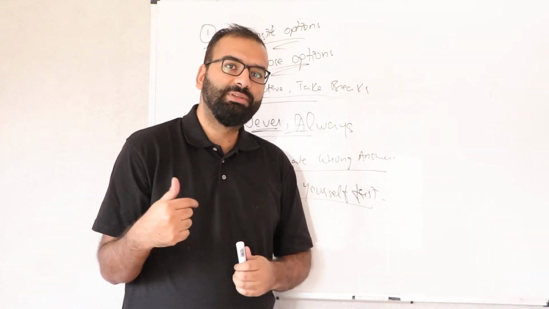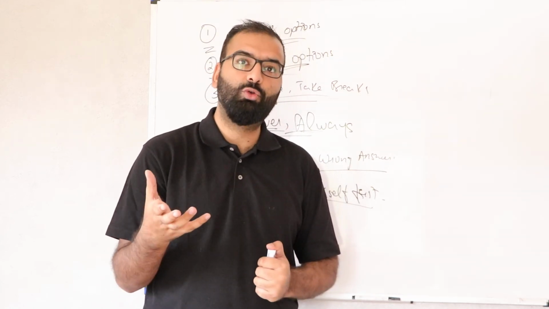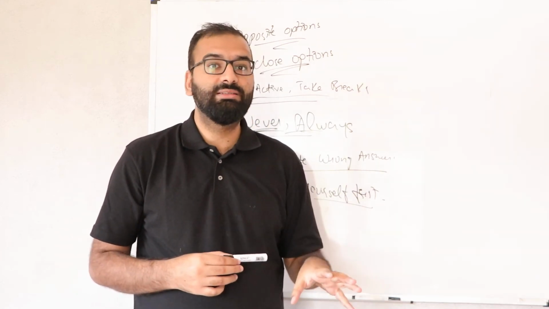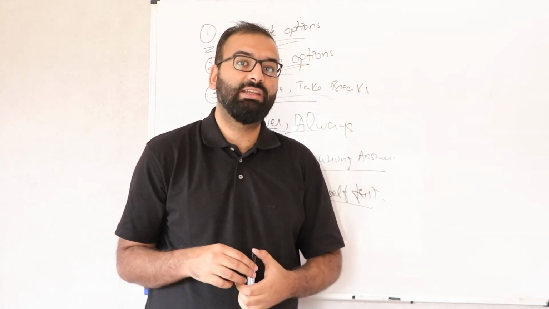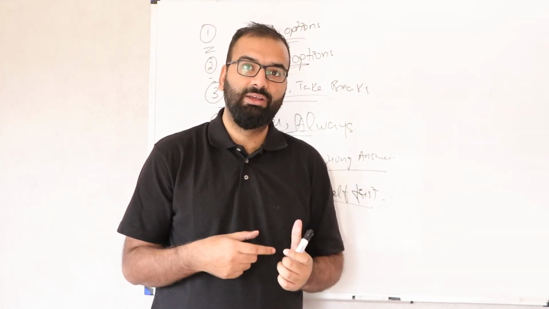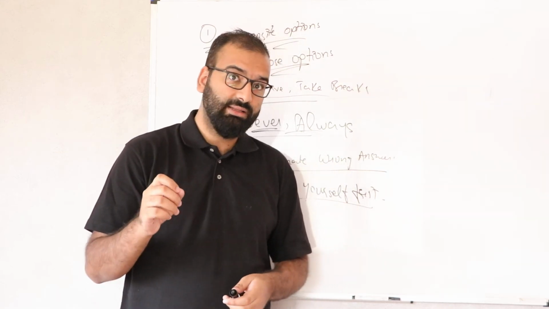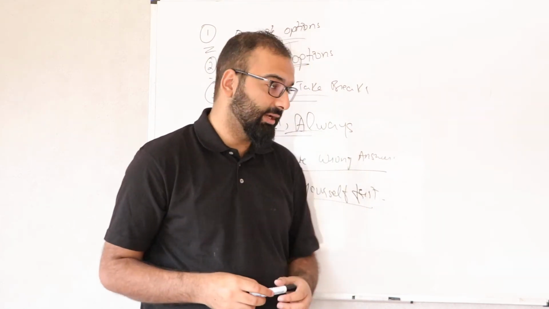Before looking at the options, you should try to answer it in your own mind that what should be the answer. Then try to look for that answer in the options. Because if you will glance at the options, then you will start getting derailed from that entire process. And if you are able to come to an answer yourself and you are able to find that particular option in the answer section, then there is a very high likelihood that that particular option might be correct.